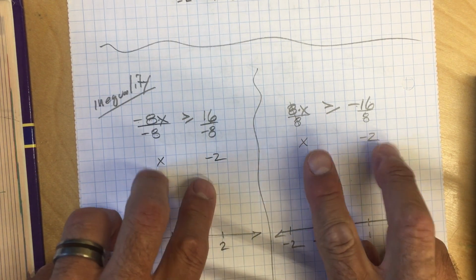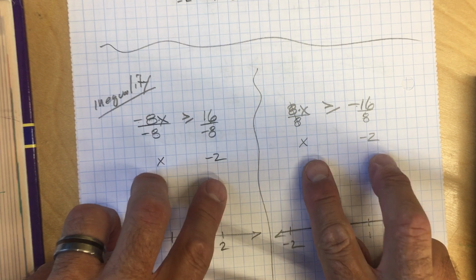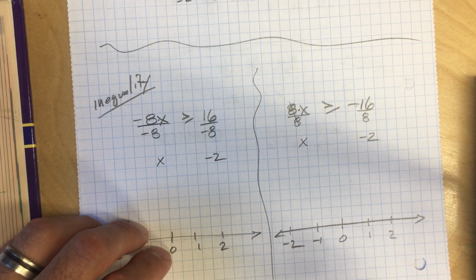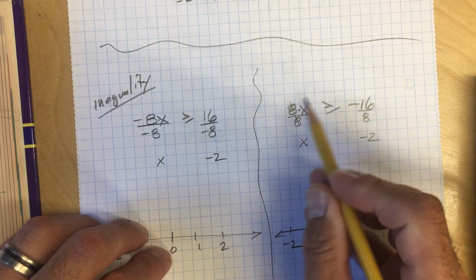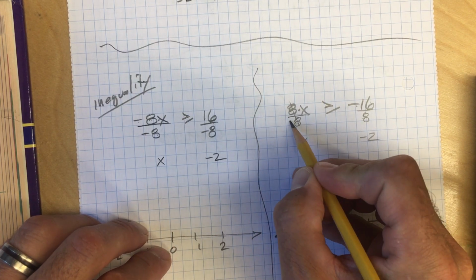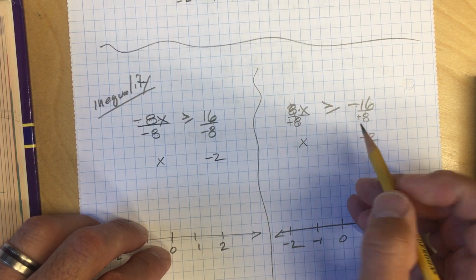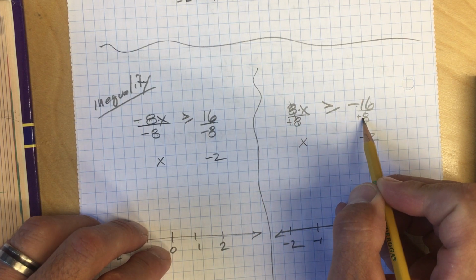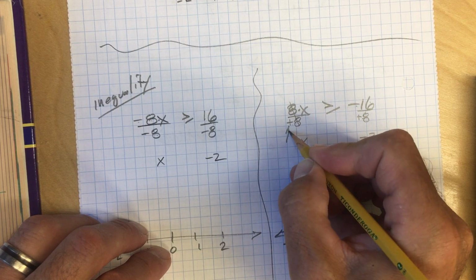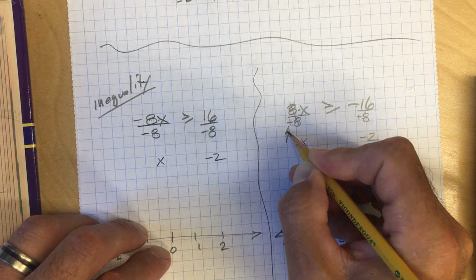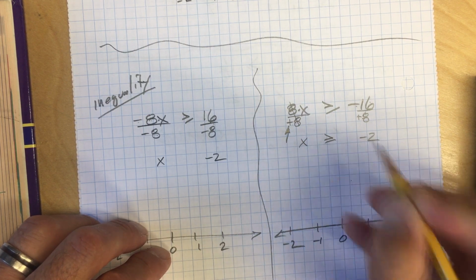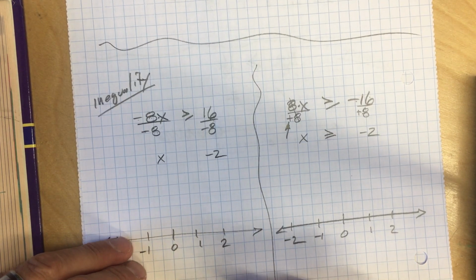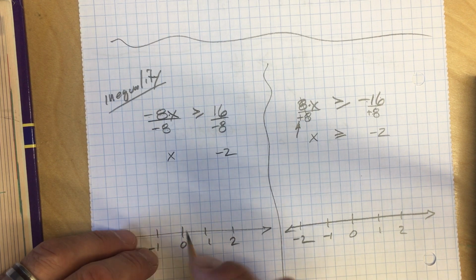Now looking at these, you would think they are both the same. But here's where it's very tricky. On this one, do you see how we're dividing by a positive 8? The divisor is a positive number. If the number you are dividing by, that divisor, is positive, you just rewrite the inequality. Now, did I give you a hint?